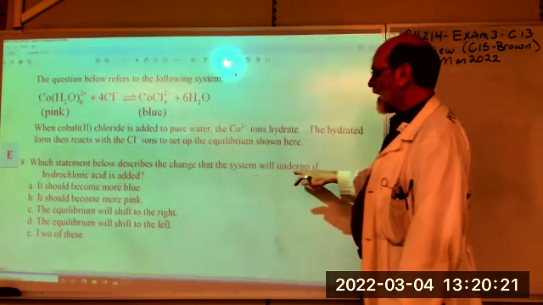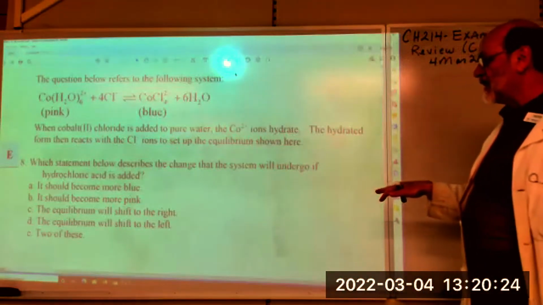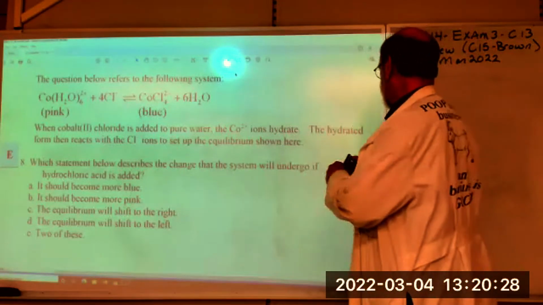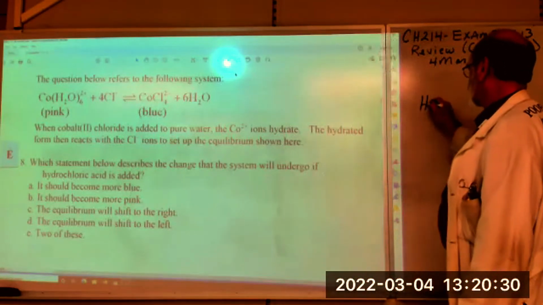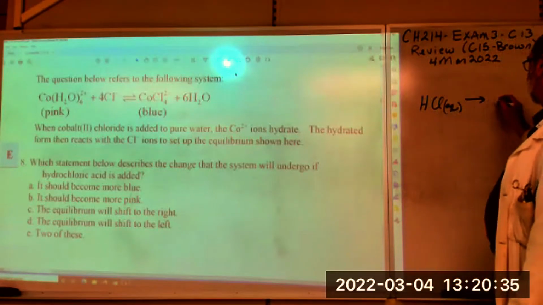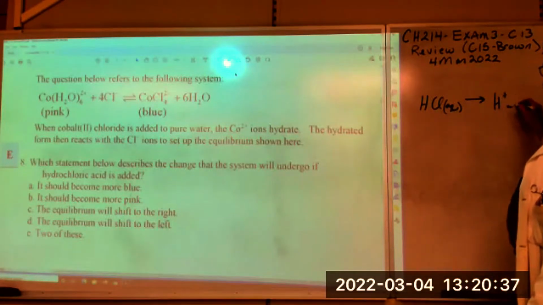Which statement below describes the change that the system will undergo if hydrochloric acid is added? You have to ask yourself, what does hydrochloric acid do in solution? It completely dissociates.